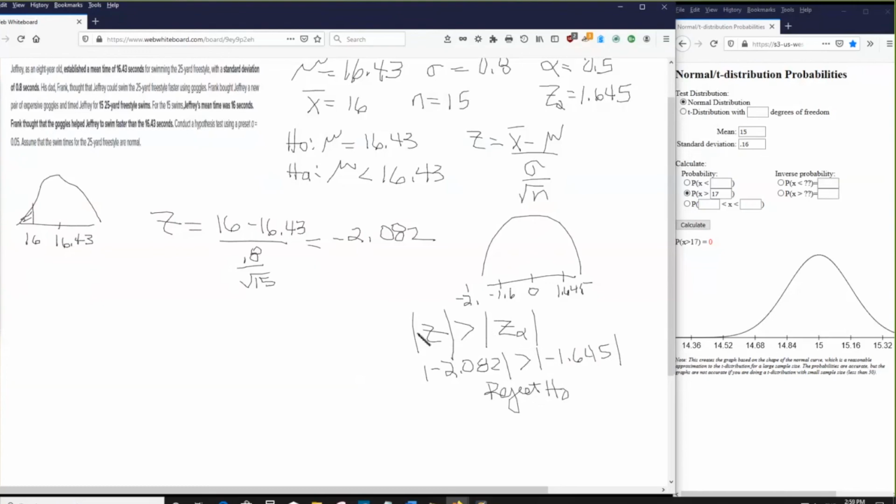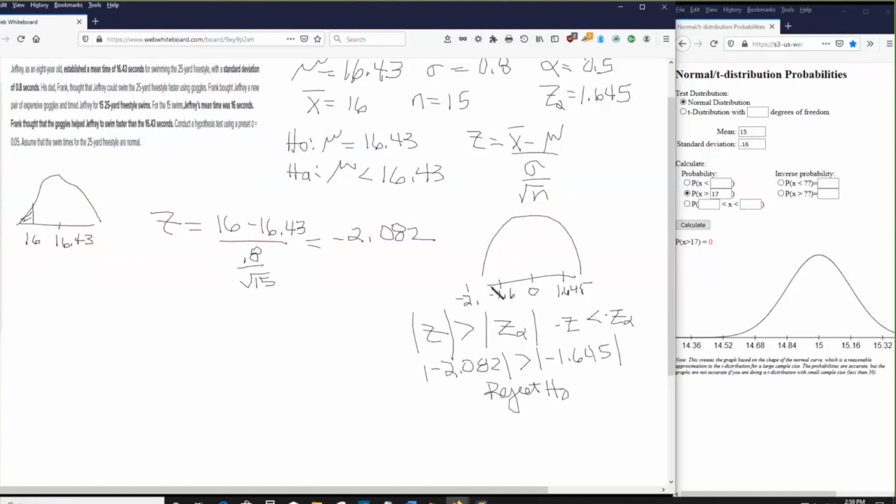Or when you have a negative z, you can also say if you have a negative z, you switch this greater than or equal sign. Because whenever you multiply by a negative and you have inequalities, the inequality flips. But I think it might be easier if you just remember to use the absolute, then you can keep this in the same direction each time.